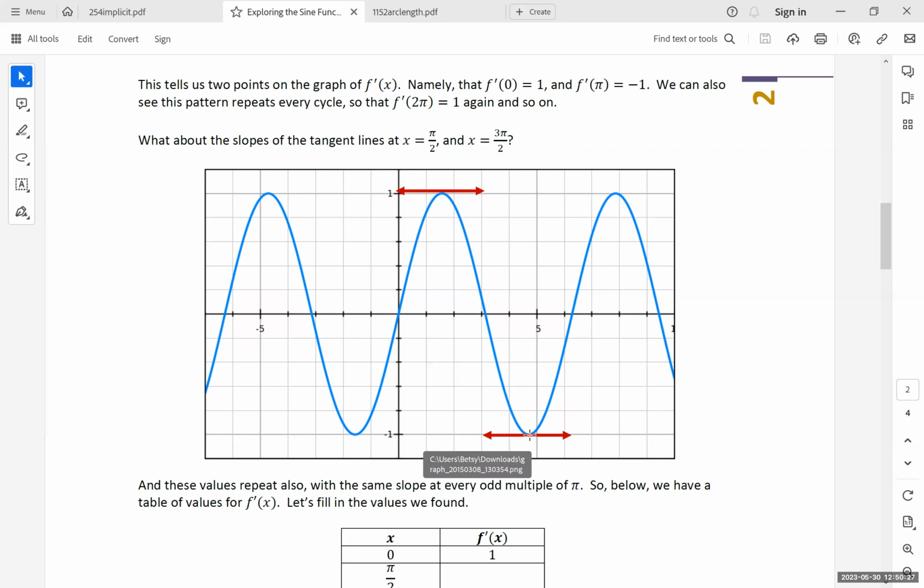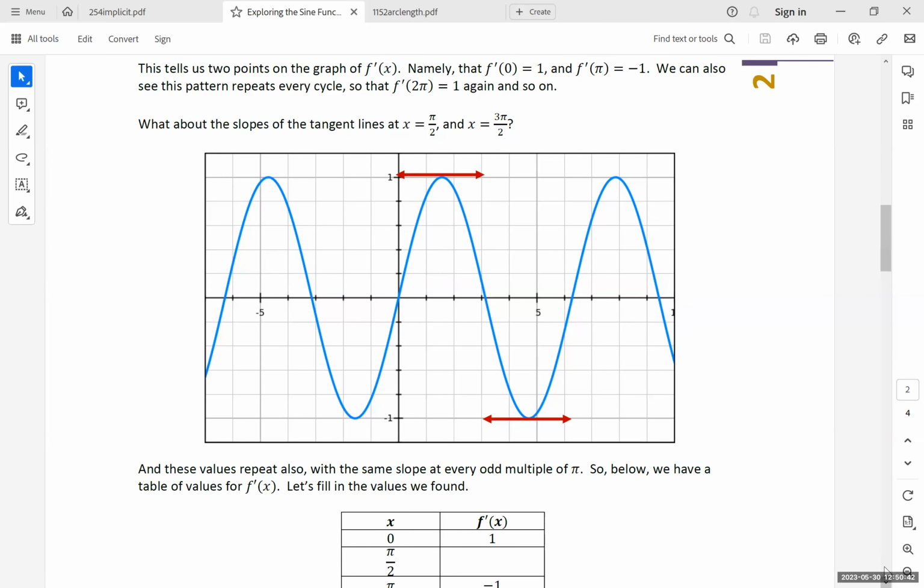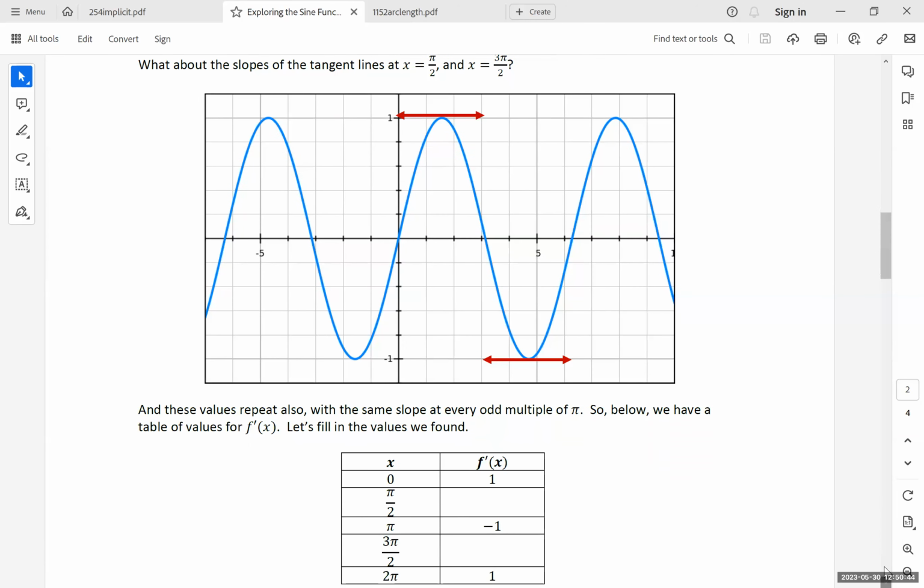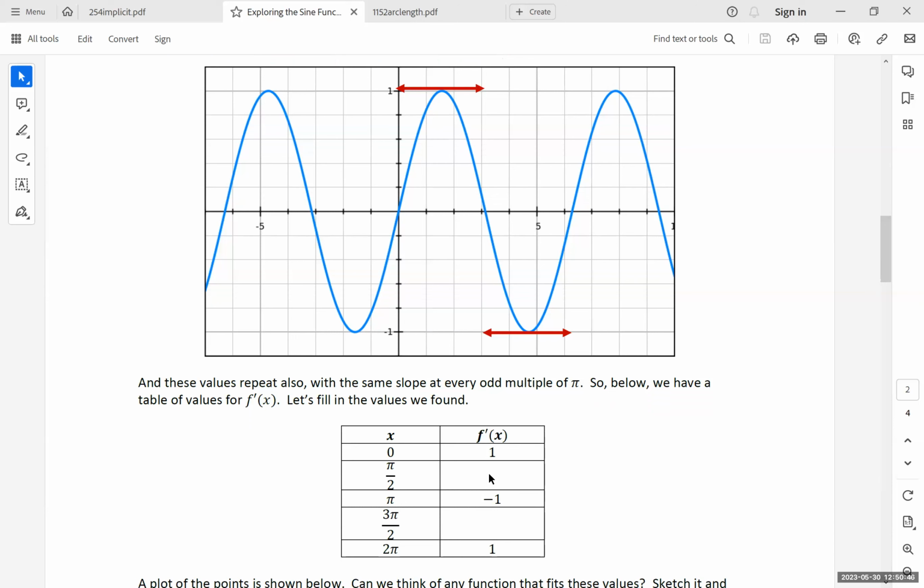The horizontal tangent line again, the slope is 0. So again, at odd multiples of pi over 2, you're going to have a slope of 0 for your derivative. So we could fill in this table. We fill in 0 here and 0 here.